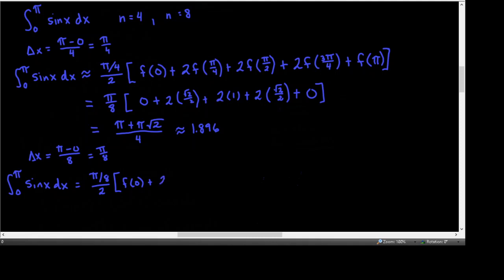Now we're going to be doubling all the middle ones, so double f of, now we're moving pi over 8, 0 plus pi over 8 is pi over 8. And then pi over 8 plus pi over 8 is pi over 4. Pi over 4 plus, whoops, I forgot to write the 2.